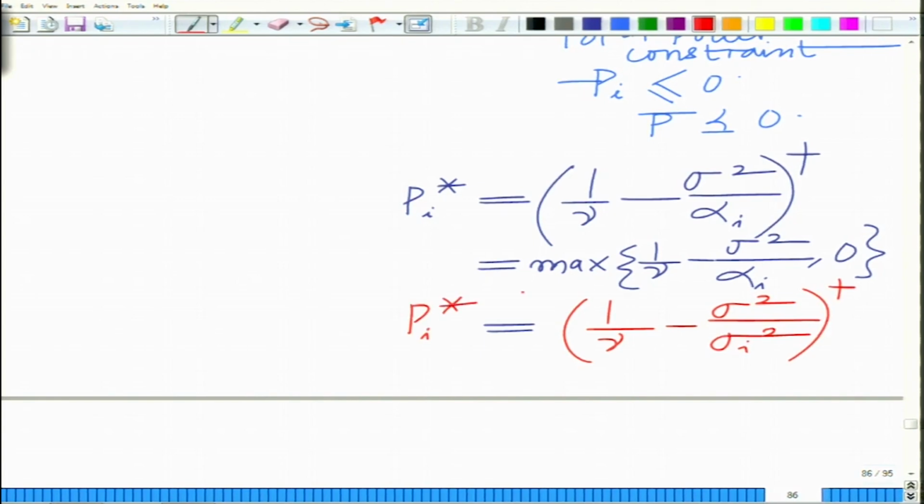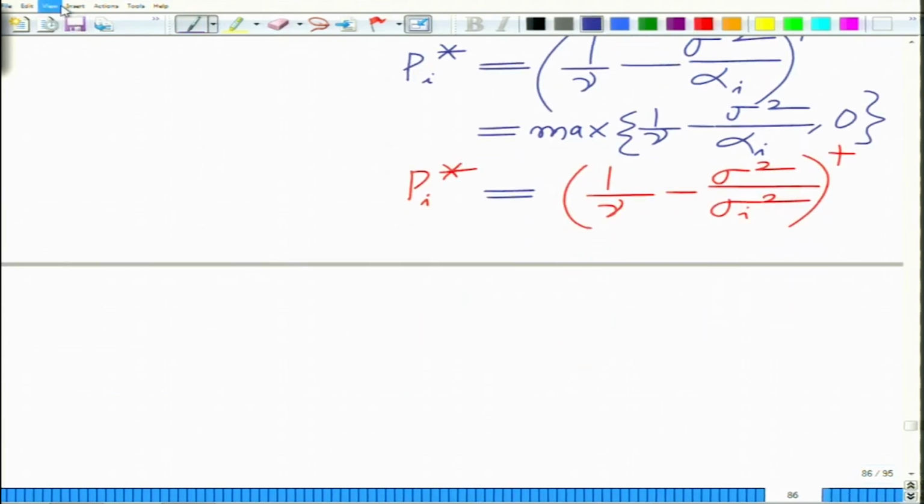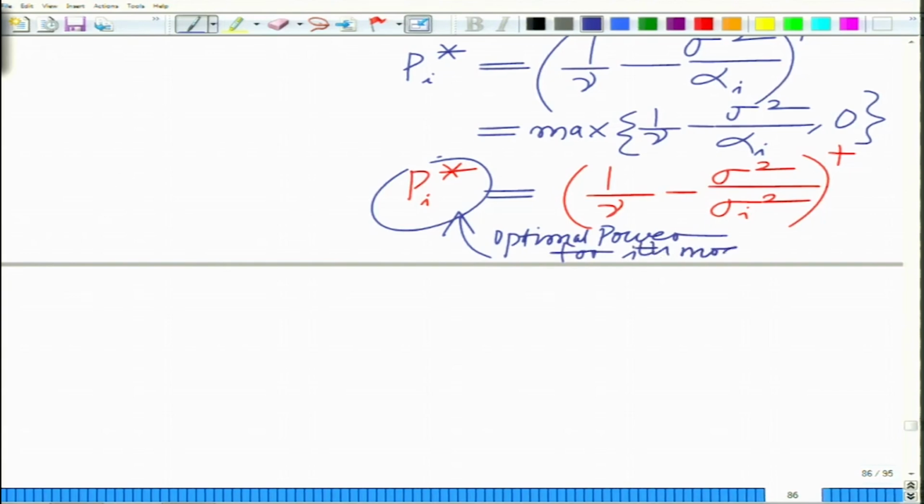This is pi star, the optimal power allocated to the ith mode of the MIMO channel. These are known as the modes of the MIMO channel.